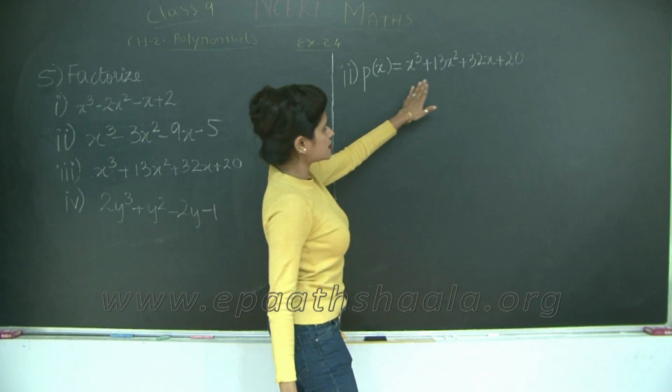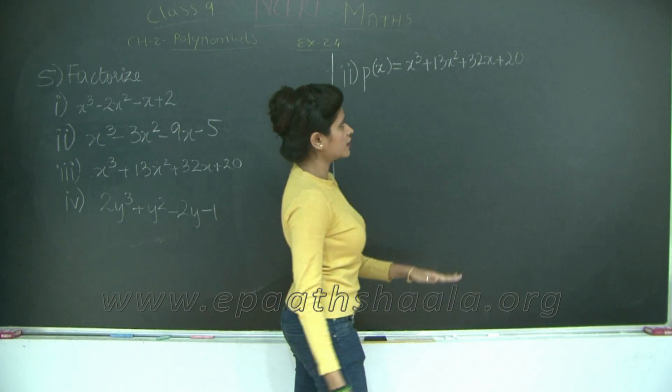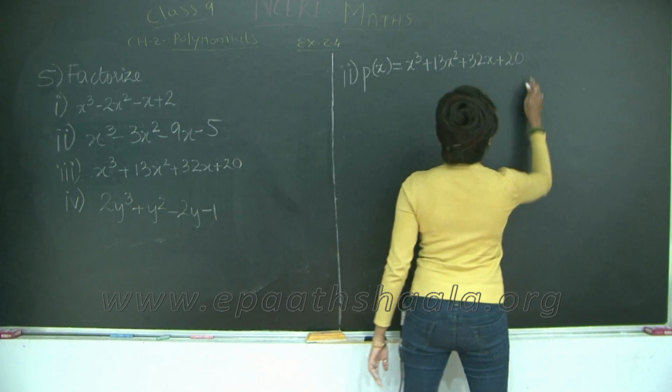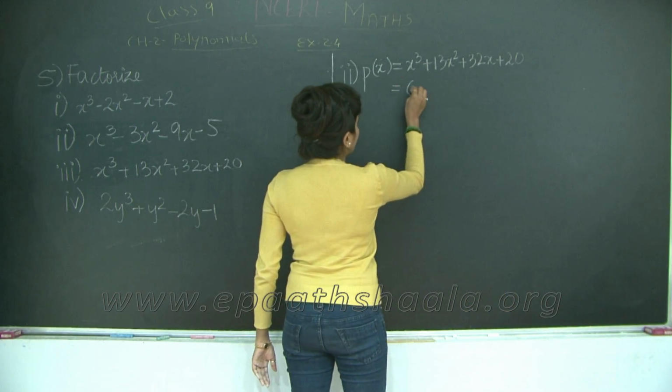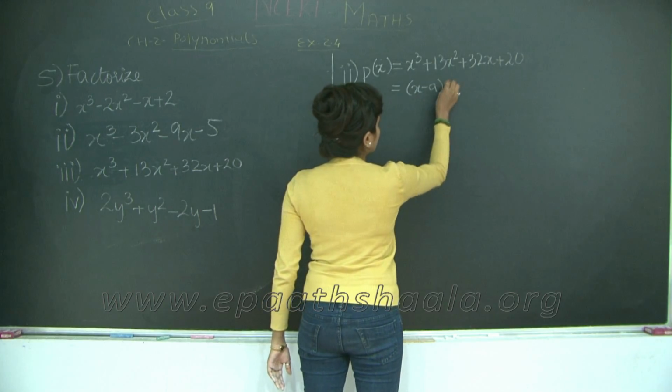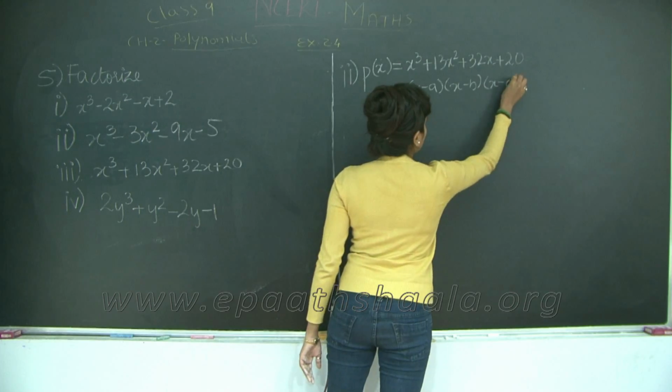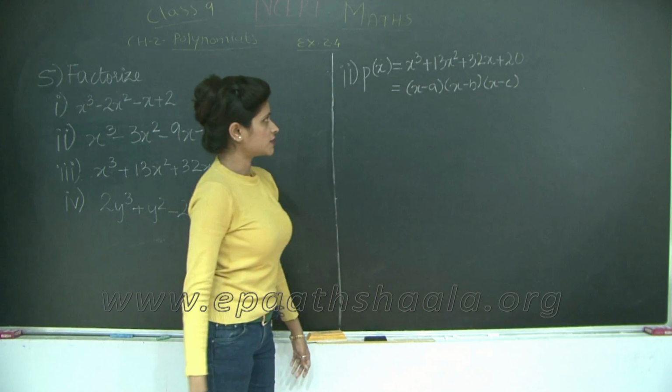Now this is a cubic polynomial, therefore it will have 3 roots. Let's say (x minus a)(x minus b)(x minus c), where a, b, c are real numbers.